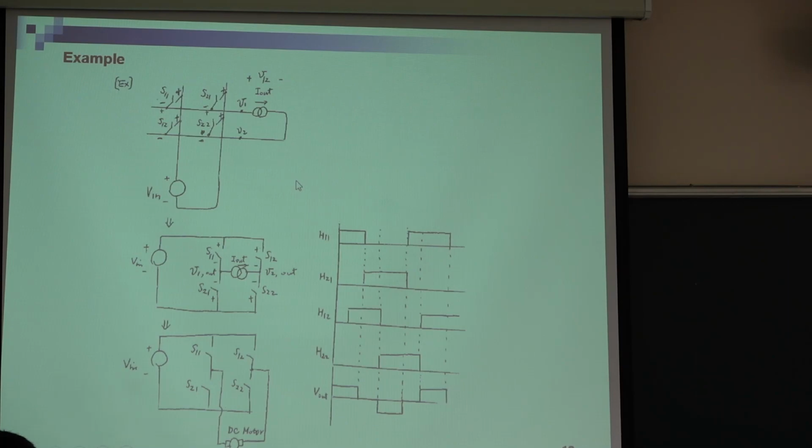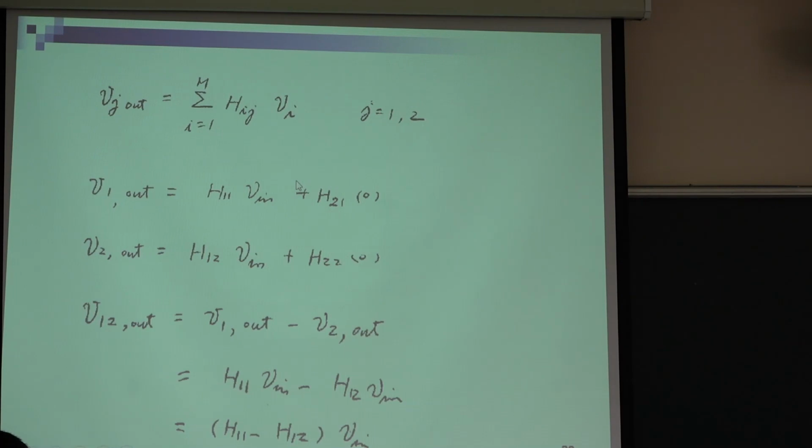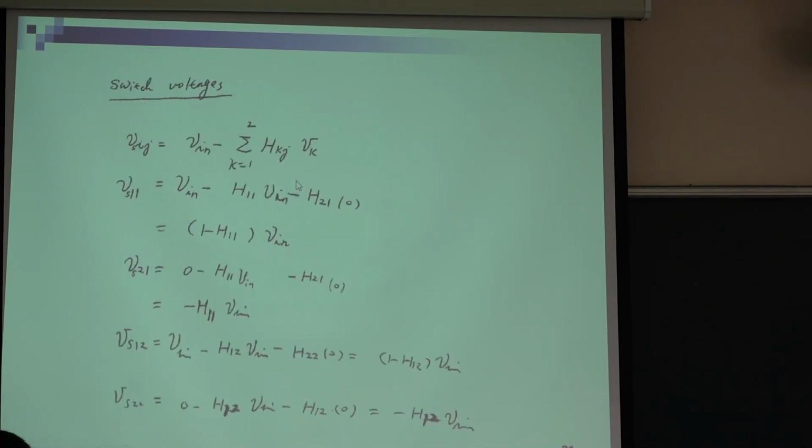Okay, so we can use a very simple idea. We can compute VS11. So VS11 is Vin minus V1. So what is V1? H11 Vin plus H21 0. We just show this. So Vin minus V1, so it is equal to here. So we can obtain the voltage across the switch S11 is here.